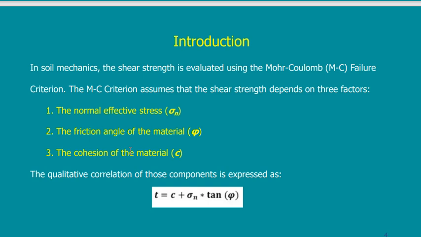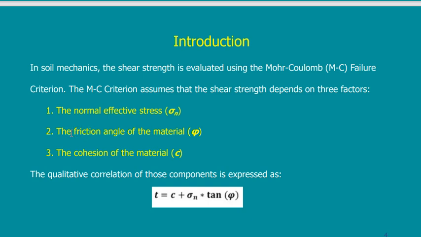Because the friction of the heavy material is more, though they are the same brand, same shape, same everything. But because the load is heavier, the friction is more. So first, the normal effective stress. The normal stress on the material increases the strength of the material.